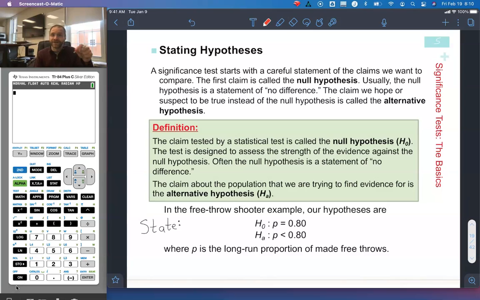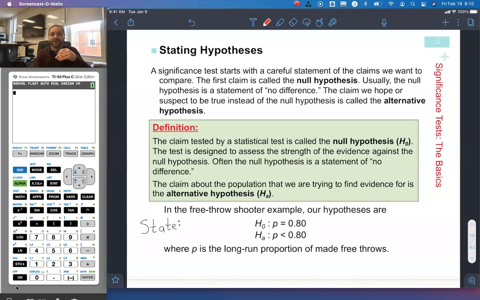It's equal to what the claim says it is. The alternative hypothesis is going to have either a direction or be not equal. It's what we suspect that the difference is. So the null hypothesis is a statement of no difference. An alternative hypothesis is a statement of a difference towards the direction that we suspect.